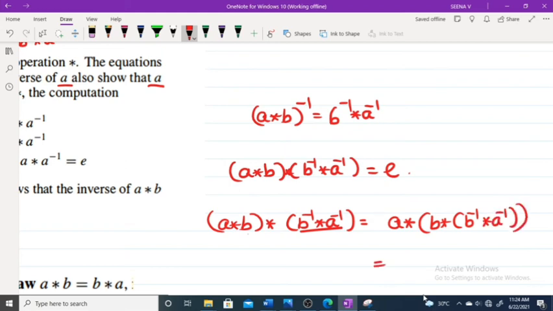Here you can treat this as two elements and this as a single element, then you can write this as B star B inverse star A inverse.